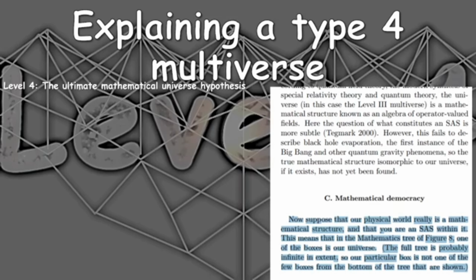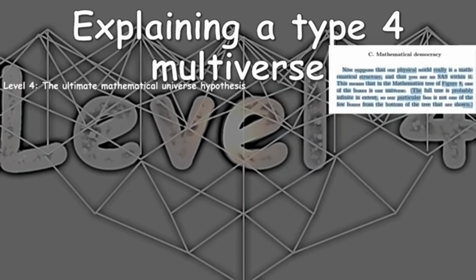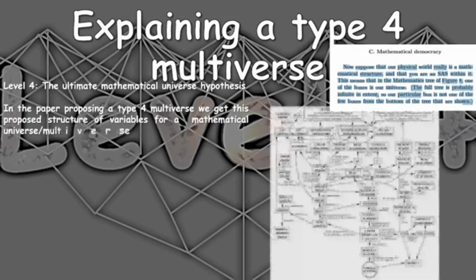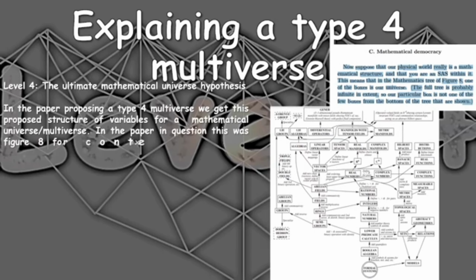The full tree is probably infinite in extent, so our particular box is not one of the few boxes from the bottom of the tree that are shown. In the paper proposing a Type 4 multiverse, we get a proposed structure of variables that would be in the mathematical universe/multiverse. And in the paper, this is called figure 8.